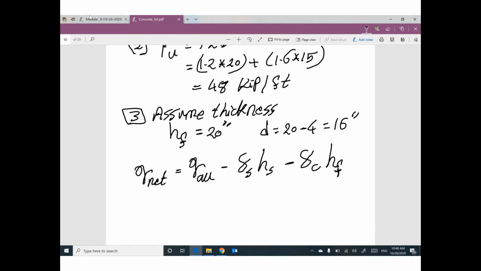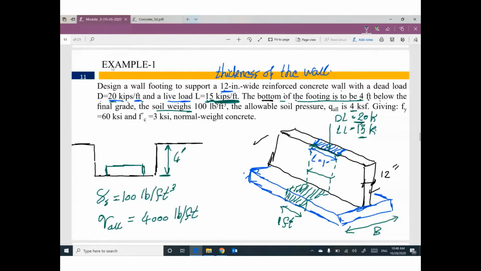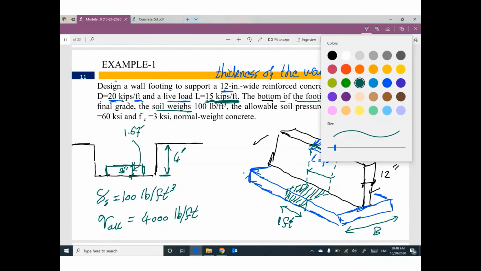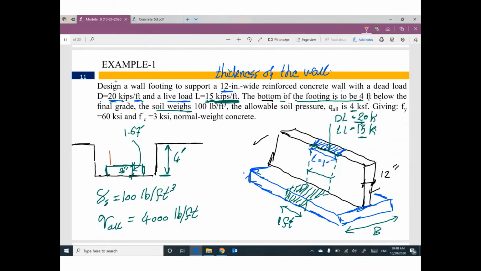Guys, I assumed this H footing equals 20 inches. 20 inches divided by 12 is 1.67 feet. Do you know what is the depth of the soil above the footing? 4 minus 1.67, it will be 2.33.